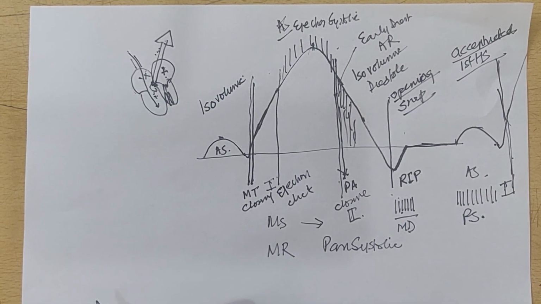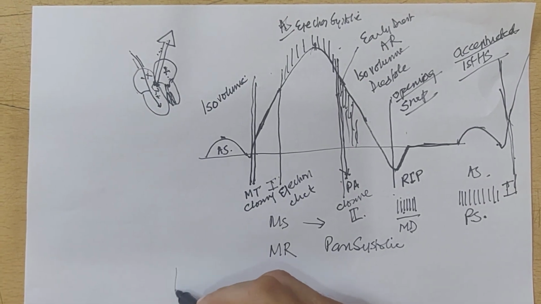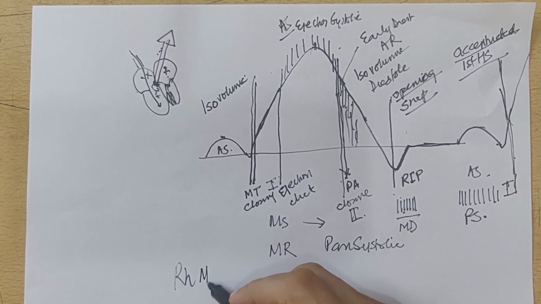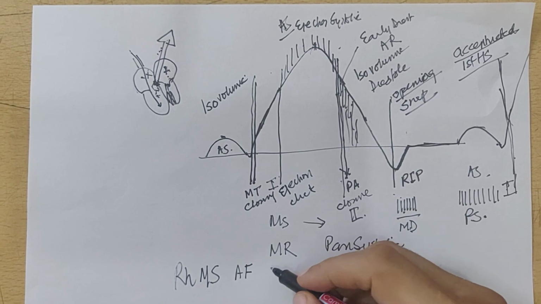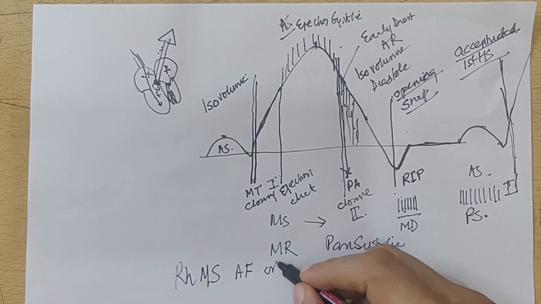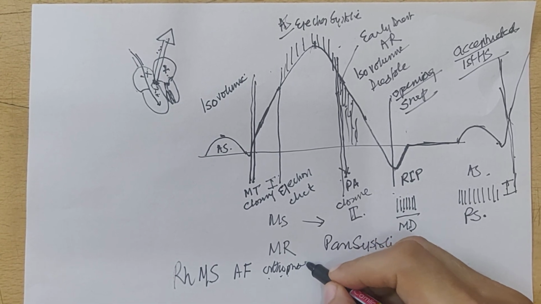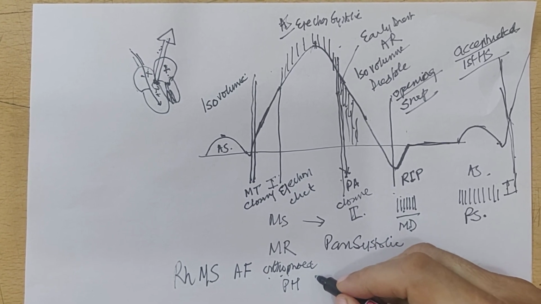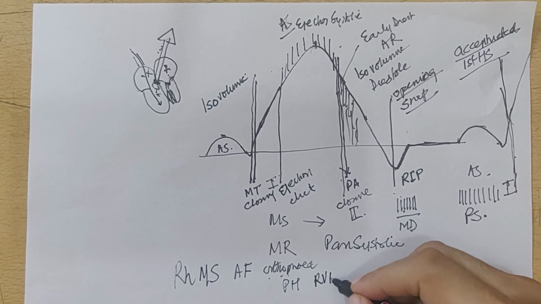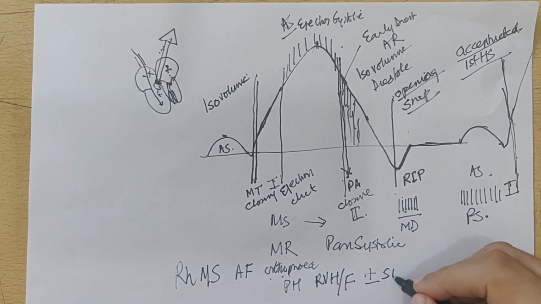Now, once you know this basic pathophysiology of mitral stenosis, you would be able to make a diagnosis like rheumatic mitral stenosis with atrial fibrillation, with orthopnea or pulmonary edema or hemoptysis, with pulmonary hypertension, with right ventricular hypertrophy or failure, plus minus with or without SAVE.